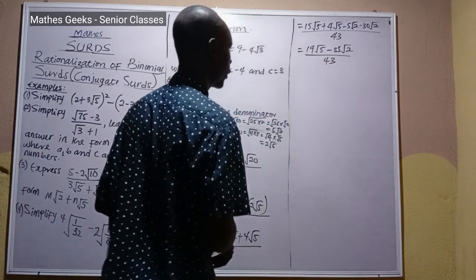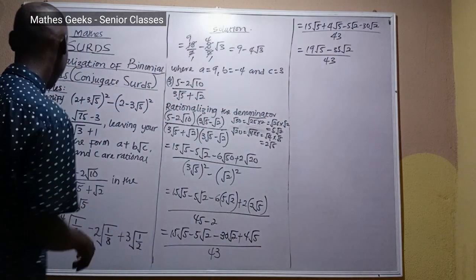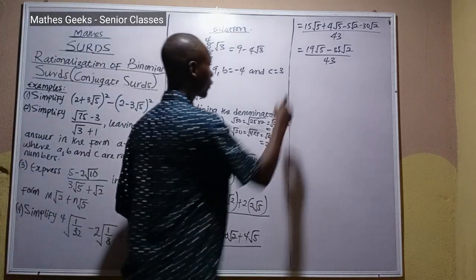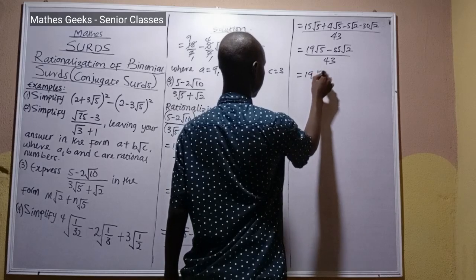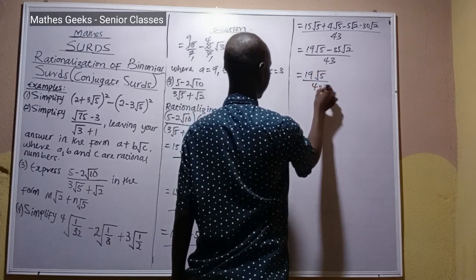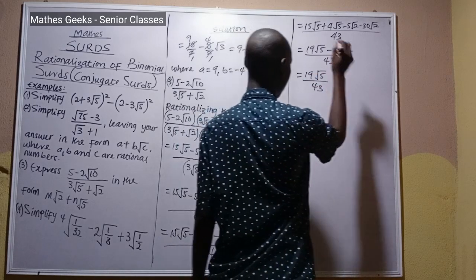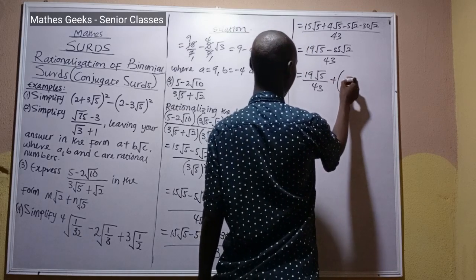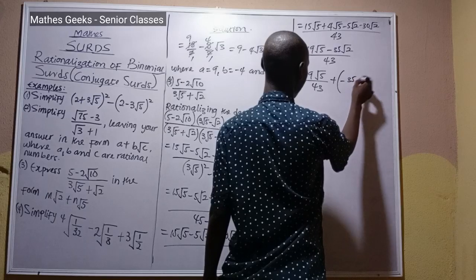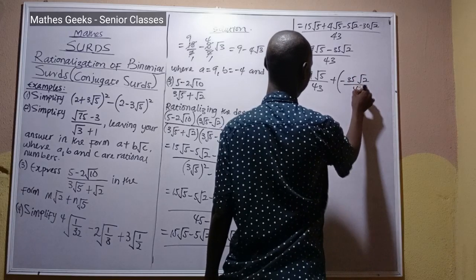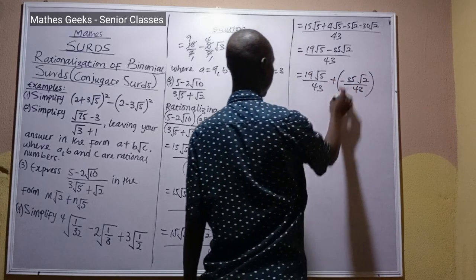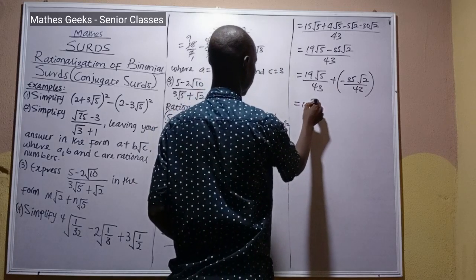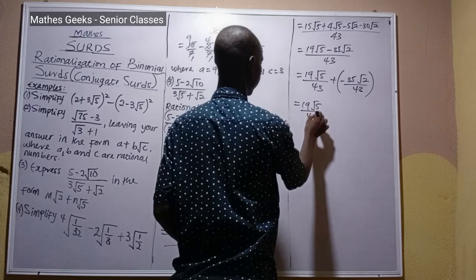So that's our final answer, but we're told to leave our answer in the form m root 2 plus n root 5. So this will give us 19 root 5 over 43 plus minus 35 root 2 over 43, where plus and minus will give us minus 35 root 2 over 43.